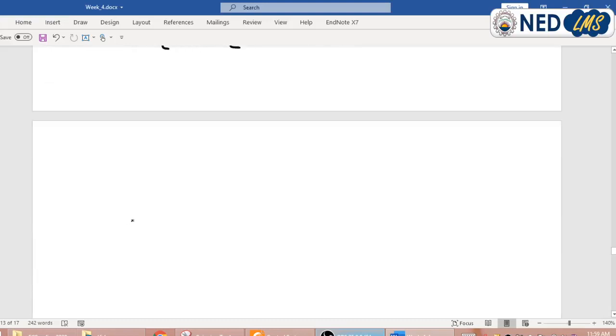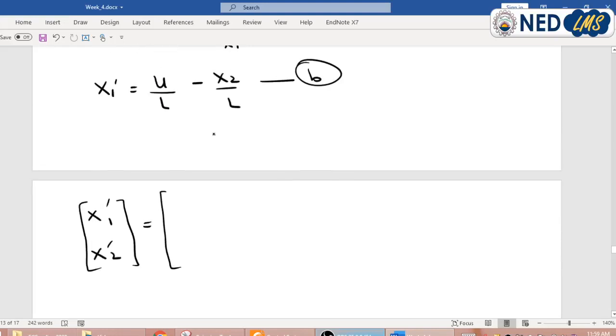So I can write my state space representation. This is x1 dash, this is my x2 dash, equal to: x1 dash has no dependency on x1 here, so 0, and this is minus 1 over L. For x2 dash, this term is basically 1 over C and minus 1 over RC.